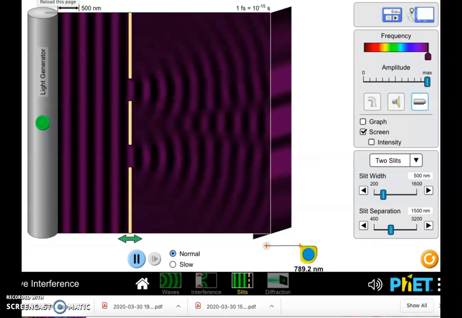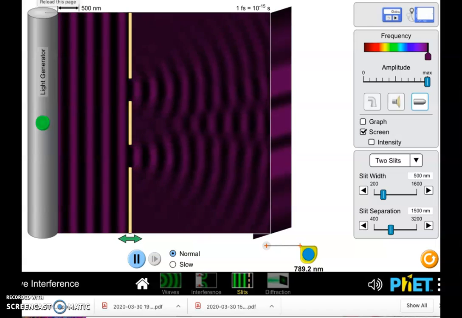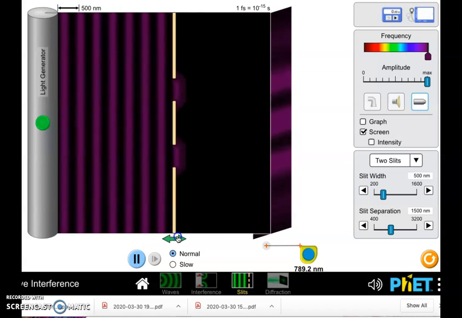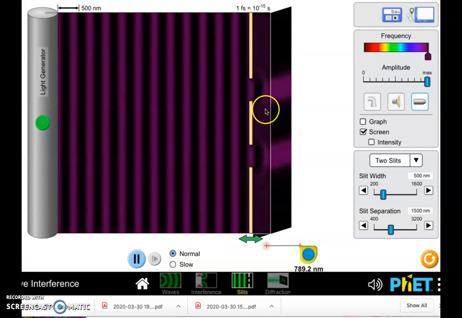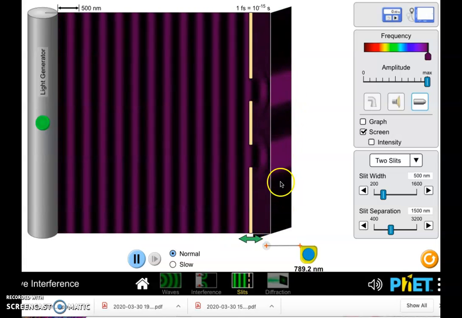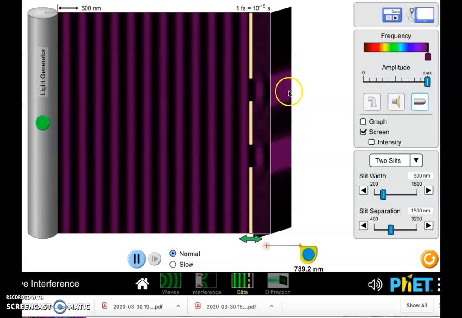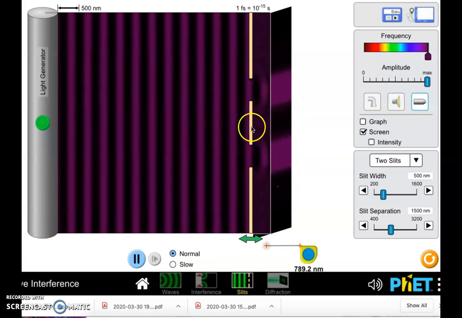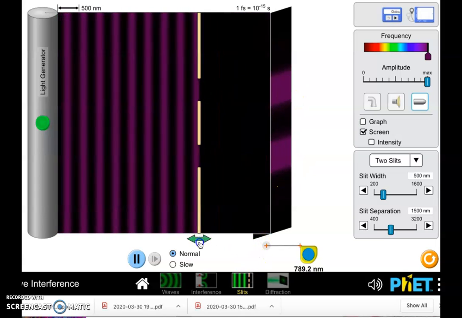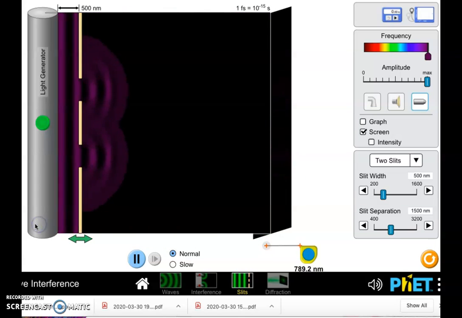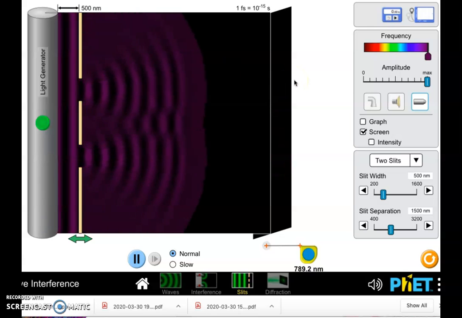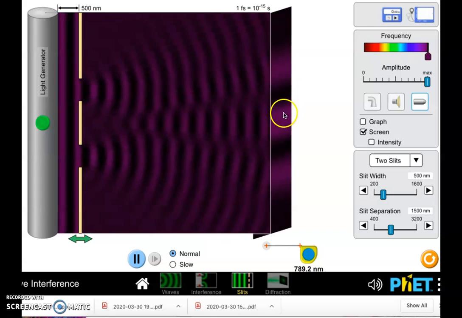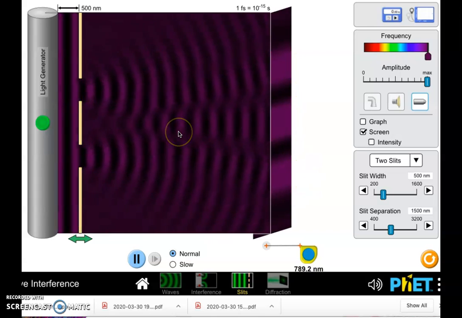So, the only reason I have you in PhET then is because you can see then that if you have this diffraction grating really close to the screen, that you get bright lines that are pretty close together. And if I bring this far, you get dimmer lines that are farther apart.